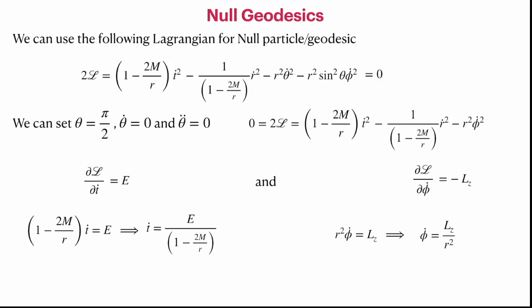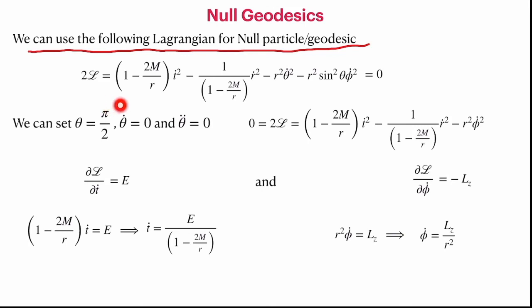Now we can extend our study to null geodesics. That is the propagation of light in the Schwarzschild geometry. This should not come as a surprise, as light follows its own trajectory, which is different from a straight line. Now you have a space-time curvature in which null geodesics are also affected.